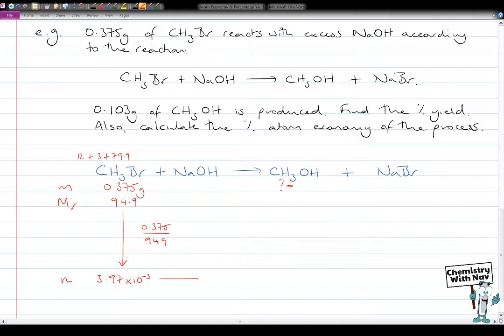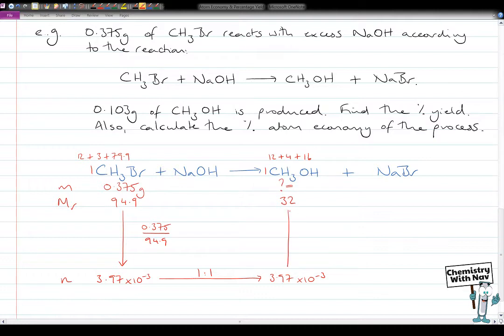We apply the mole ratio, which is 1 to 1, based on a 1 in front of each of those species, which means that we also have 3.97 times 10 to the minus 3 moles on the right hand side. The Mr of methanol is 32, which is 12 plus 4 plus 16, 4 hydrogens in there in total.